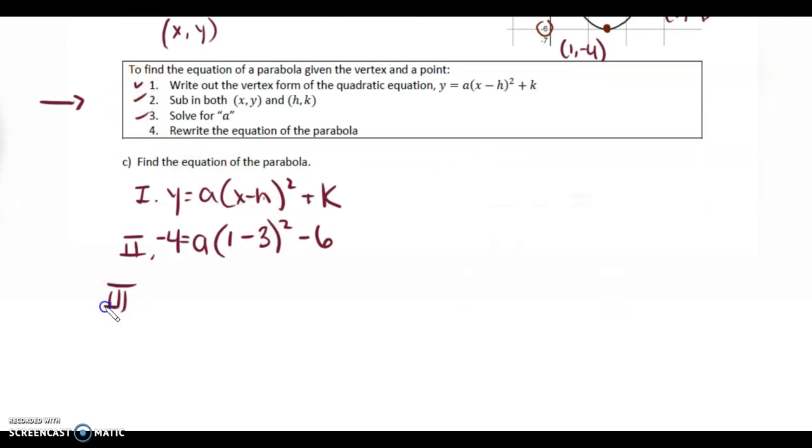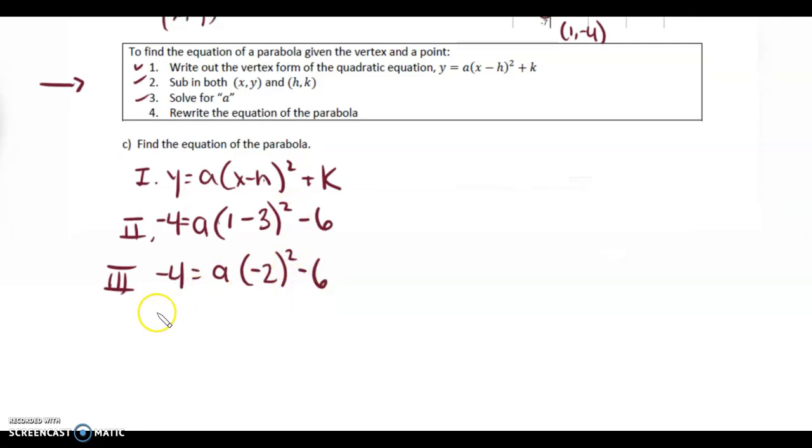Step 3 is we're going to solve for a. So bring down this -4, bring down the a. 1 minus 3 is -2, squared, minus 6. Then we're going to have -4 equals, what's -2 squared? It's 4. This is going to look like 4a.